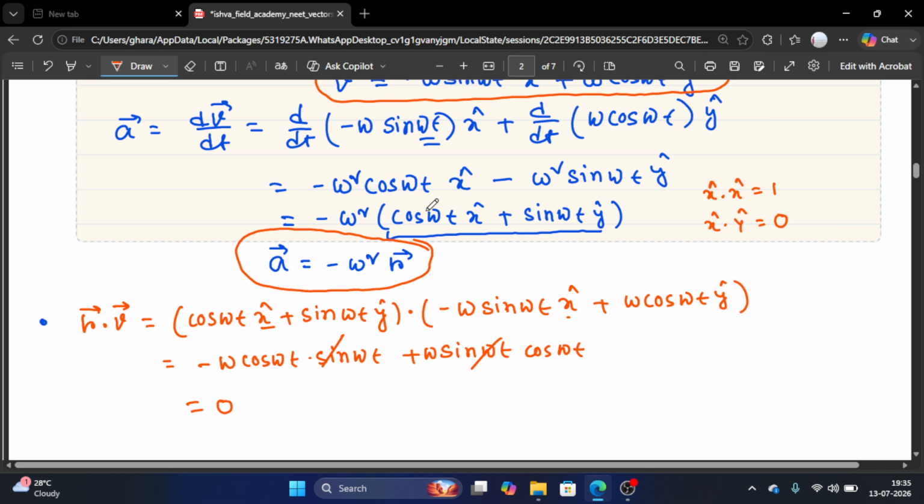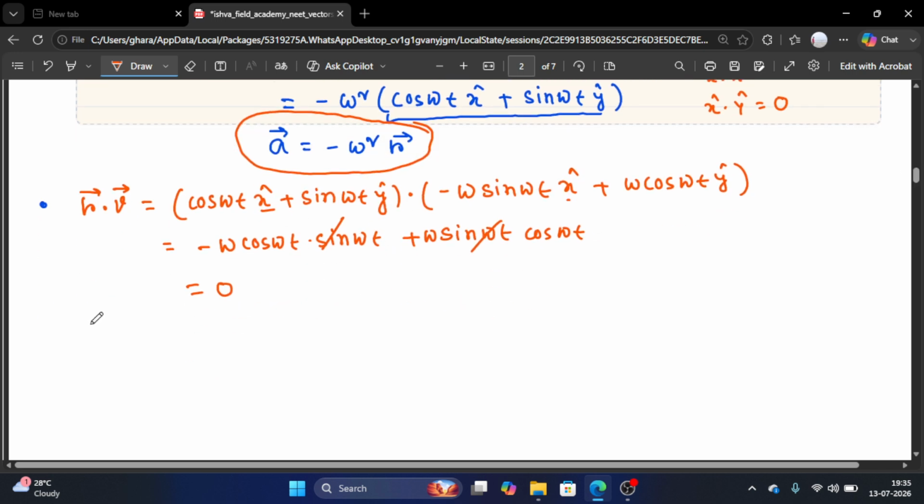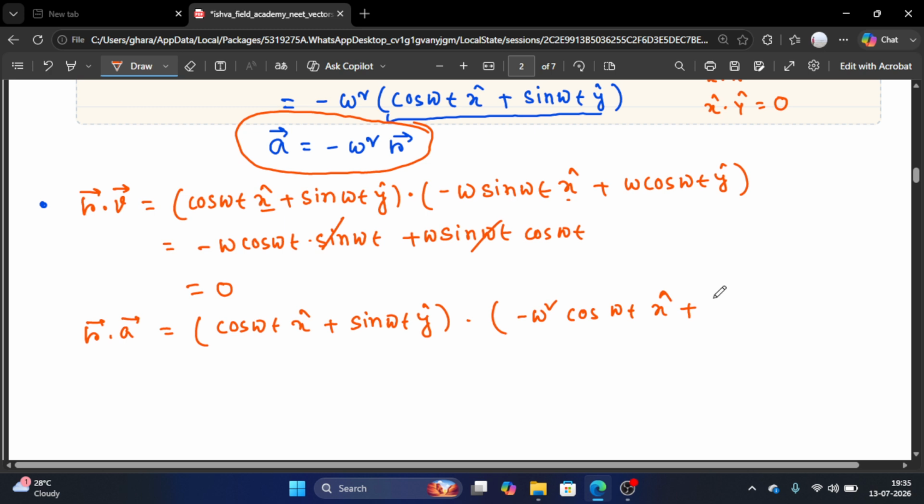If you take r dot a, you get cos omega t x cap plus sin omega t y cap, dot with minus omega square cos omega t x cap plus omega square sin omega t y cap.